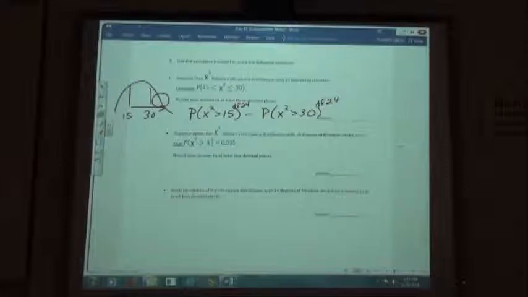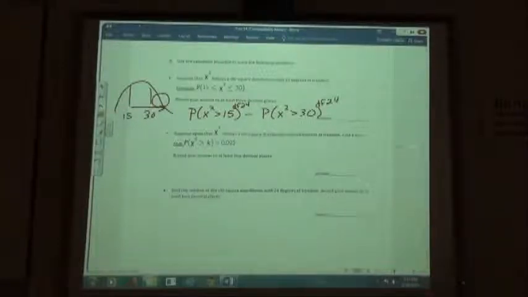So when I'm trying to find the area between those two things, I'm going to find the area that's greater than 15, and then I'm going to subtract the area that's greater than 30, and that will give us the area that's in the middle. So if you punch that into the calculator, this is the one with the P in front. Yep. So 15, degree of freedom 24. Then on the other side of the parenthesis, type your minus.